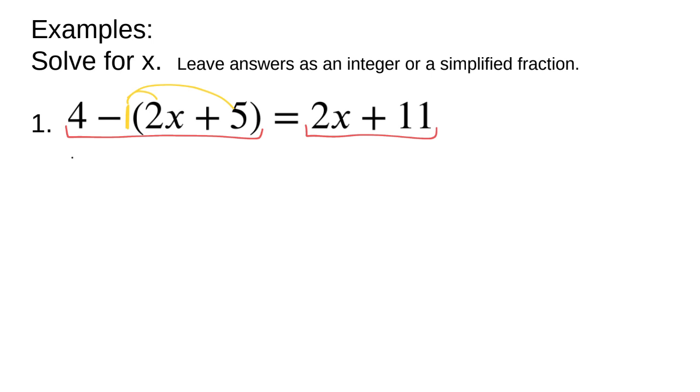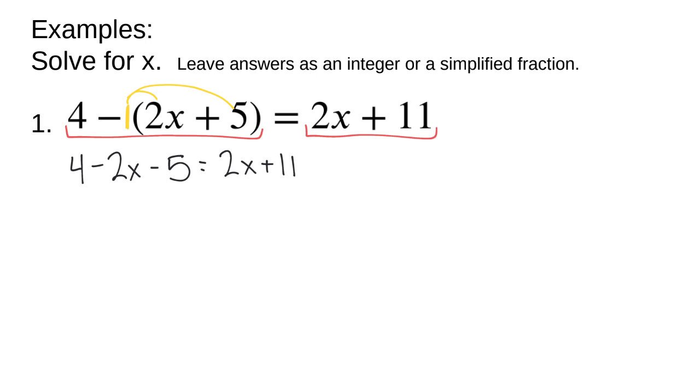He's just going to have to hang out and wait his turn. But let's distribute the -1. -1 times 2x is -2x. And -1 times a +5 is going to be -5. That got rid of those grouping symbols. Over here, I still have the 2x plus 11.